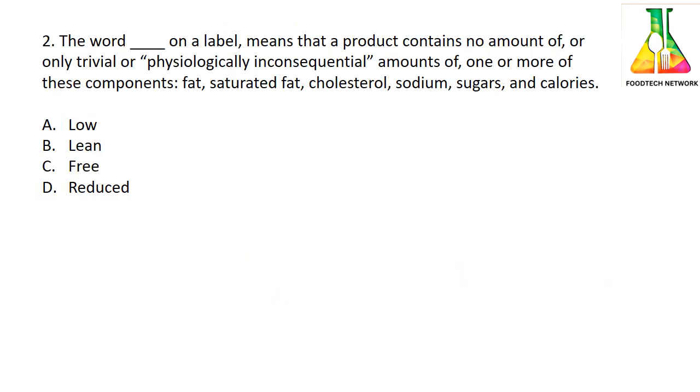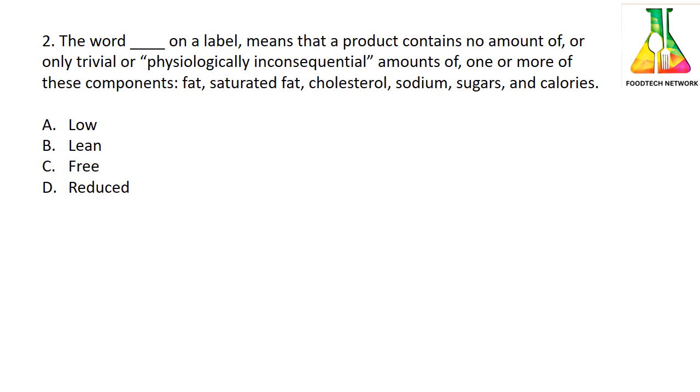2. The word dash on a label means that the product contains no amount, or only a trivial or physiologically inconsequential amount, of one or more of these components: fat, saturated fat, sodium, cholesterol, sugar, and calories.